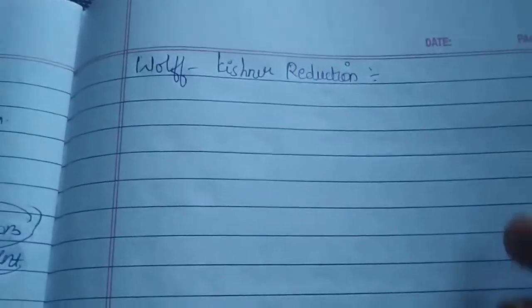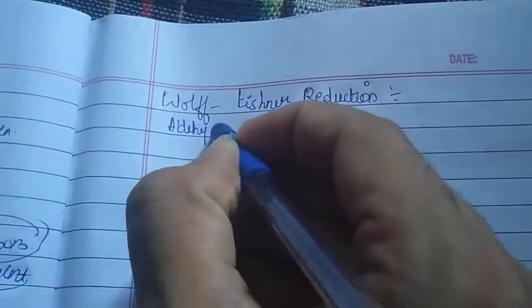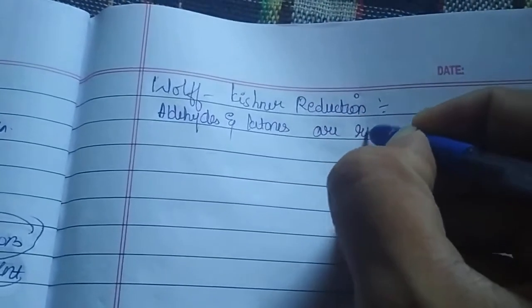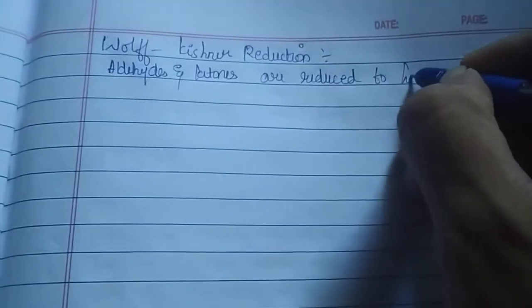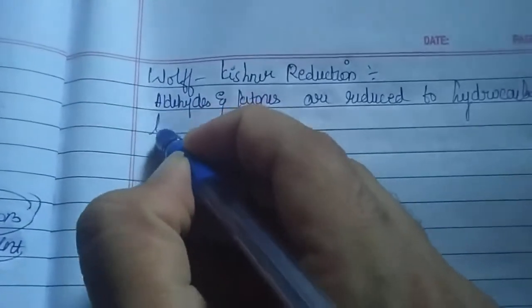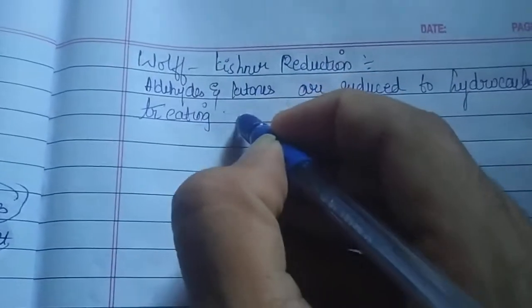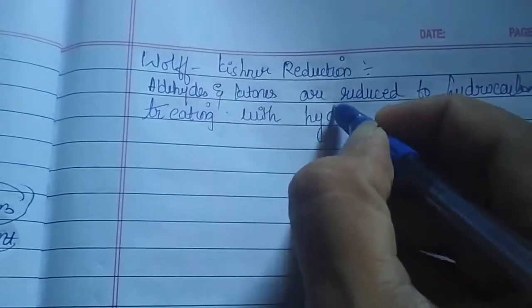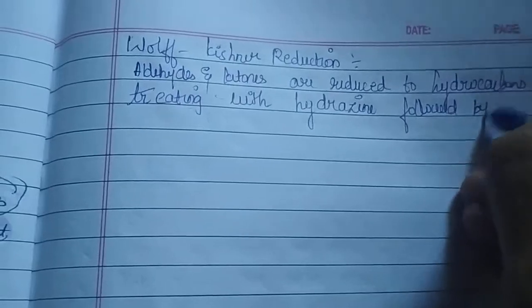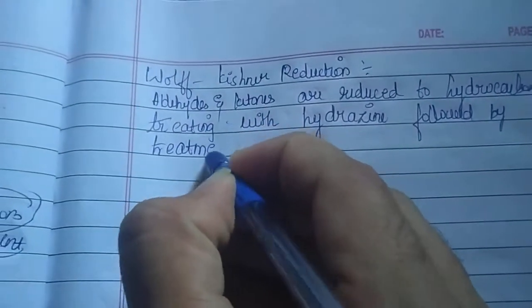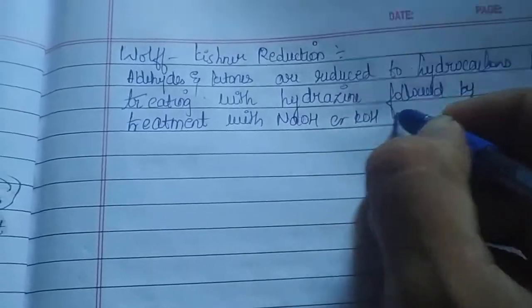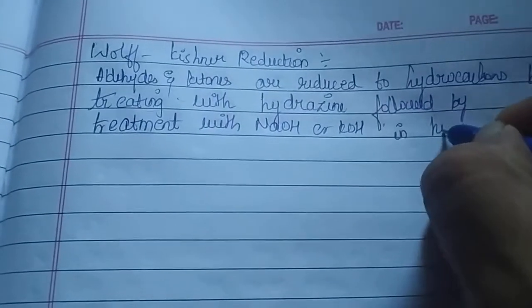Let us look for it. Basically it's a reaction in which your aldehydes and your ketones are reduced to hydrocarbons by treating with, please mark my words, hydrazine, followed by treatment with NaOH, that is your alkali medium, or KOH, any alkali medium you can use, in the presence of a high boiling solvent.